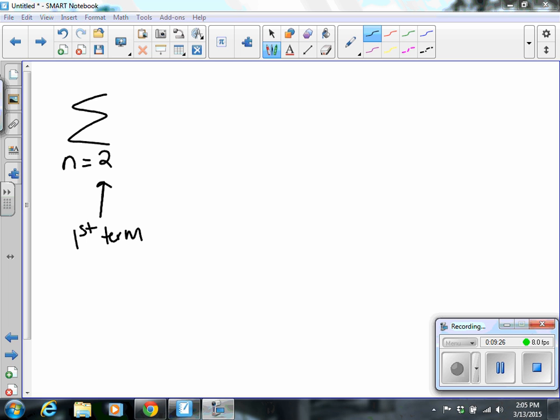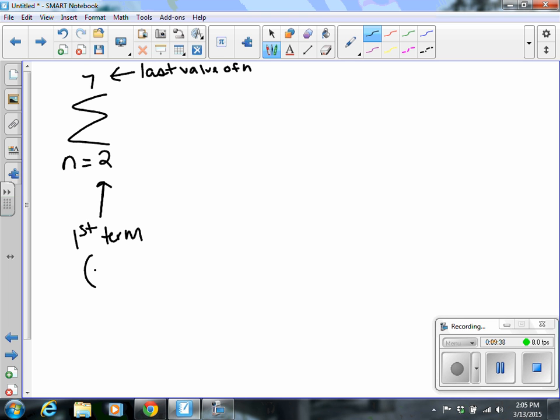You're going to then have a number on top. This represents the last value of n. And then they're going to give you some type of formula. That's where you're going to find your sum. So let's just say it's 2n plus 3.